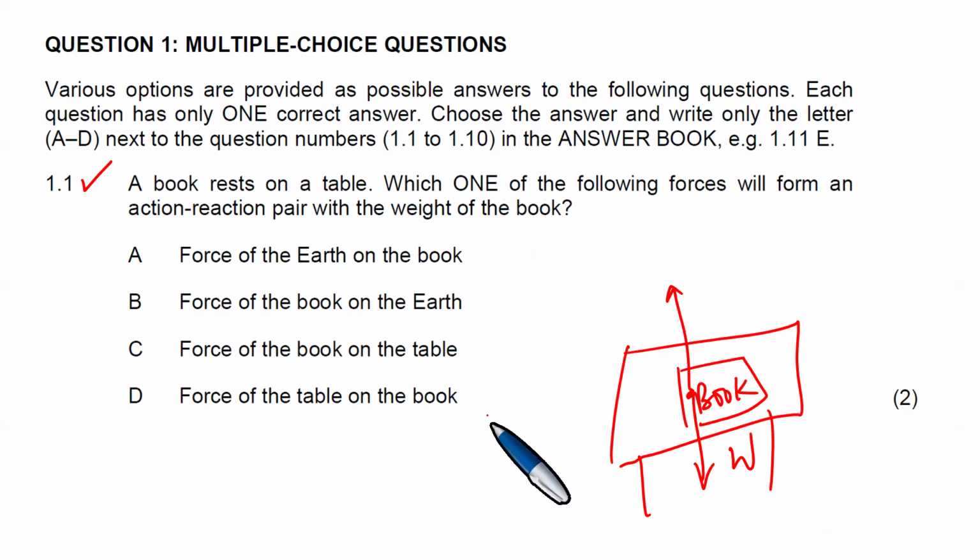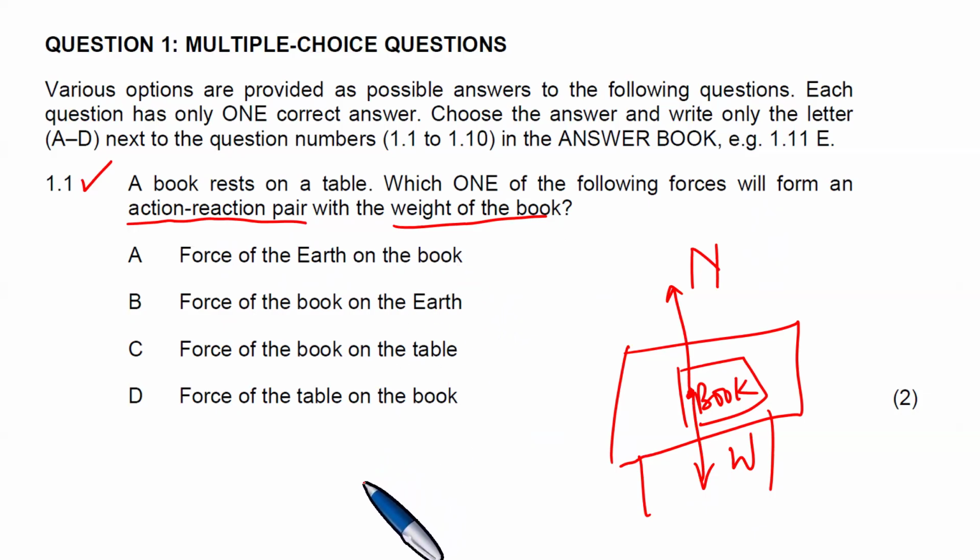Okay, that's fine because we're practicing. So obviously what we can see is that this book has a weight W, and now we are asking the question, which of the following forces will form an action-reaction pair with the weight of the book? Right, with the weight of the book.